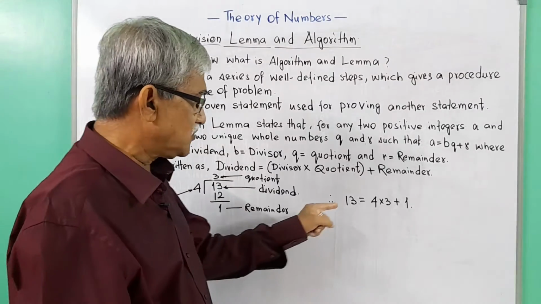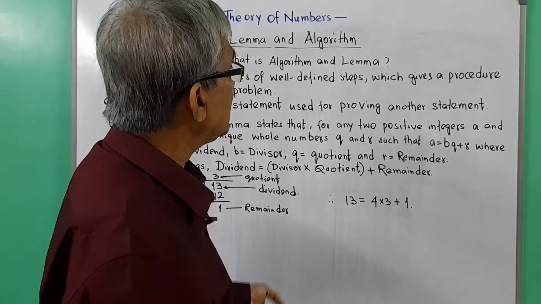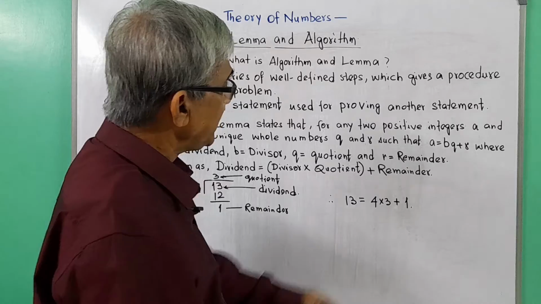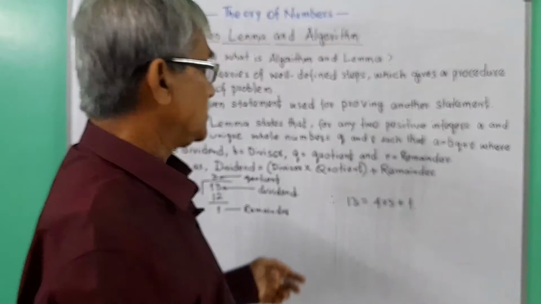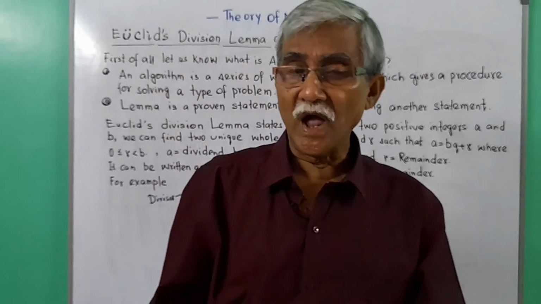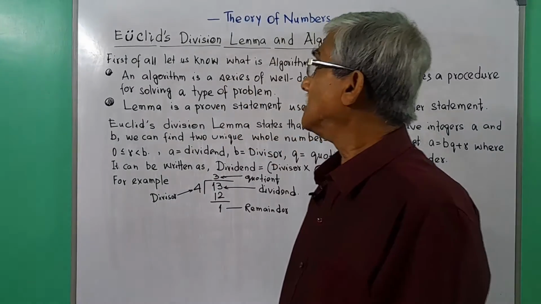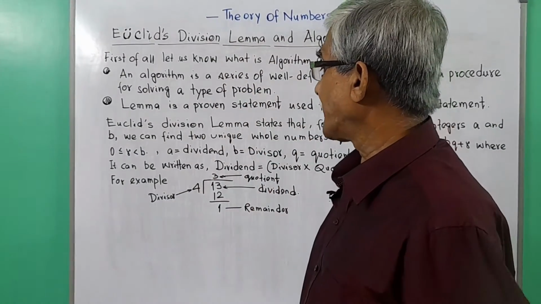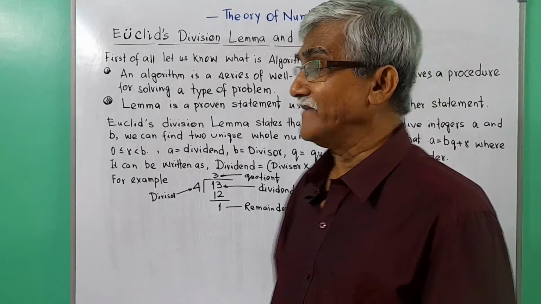In that way you can say that 13 equals 4 times 3 plus 1. This is said to be Euclid's division lemma.